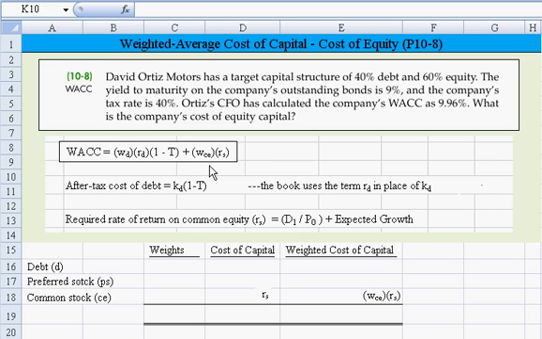There's no preferred stock, so we can leave that off. Also note that the after-tax cost of debt is sometimes referred to as K little sub d times 1 minus T, and sometimes you'll see it as an R, the rate on debt, in place of K sub d. So both of those symbols are used.